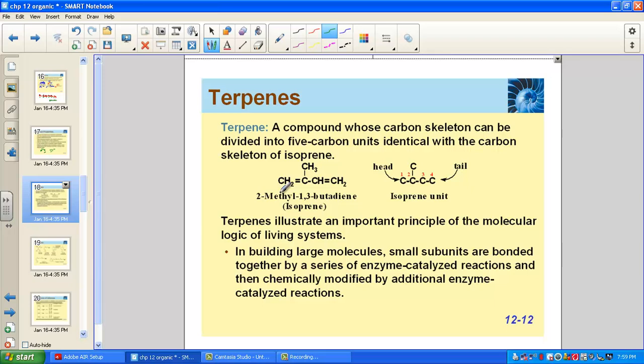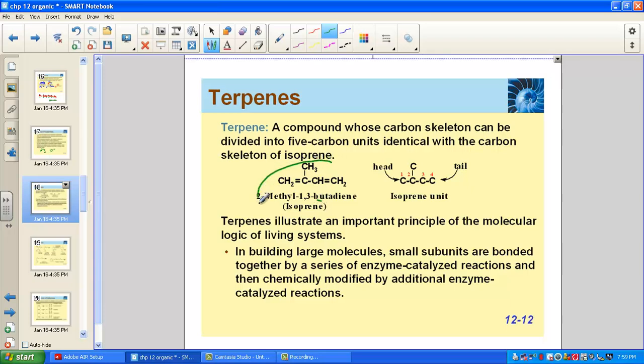We will also discuss a chemical family of very important molecules known as terpenes. These compounds are often found in essential oils of plants, and substances known as terpenes have something in common in terms of their carbon skeleton. They can always be divided into at least 2, but usually more, carbon units that are identified with a 5-carbon skeleton called isoprene.